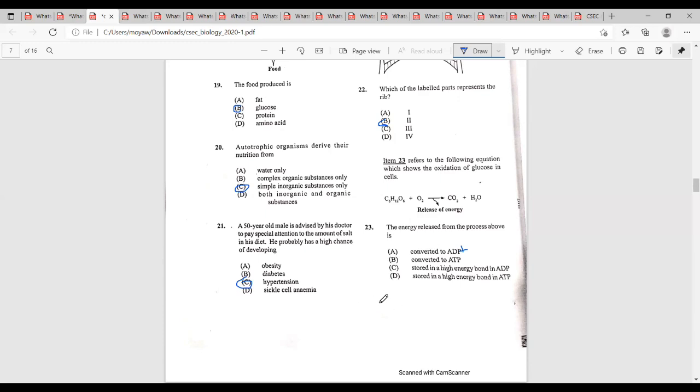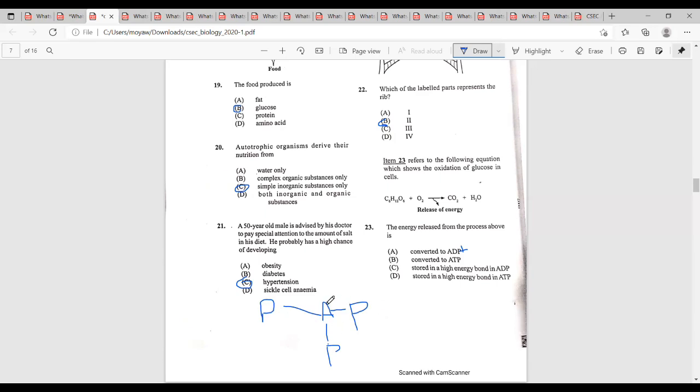And remember, the energy itself is actually stored in the bond. So if you think about one adenine molecule and 3 phosphates, 1 phosphate here, 1 phosphate here, and another phosphate here, this is the ATP molecule.